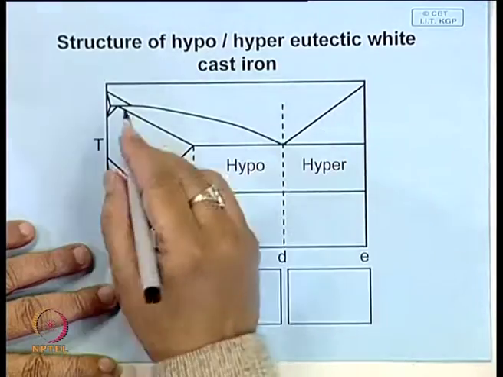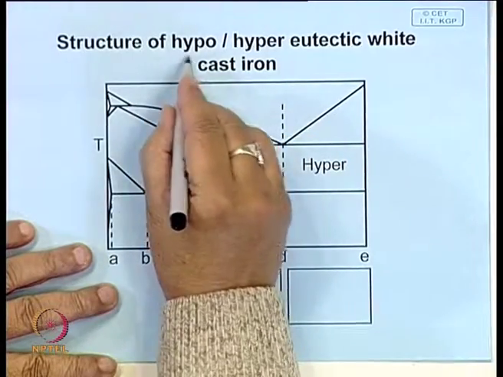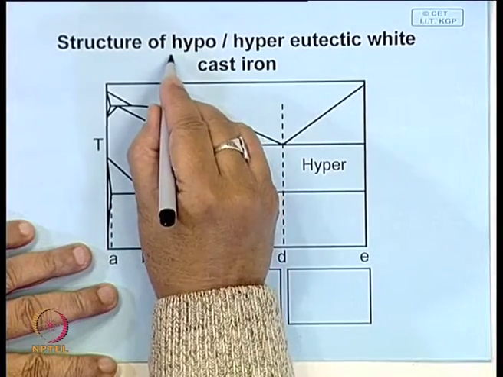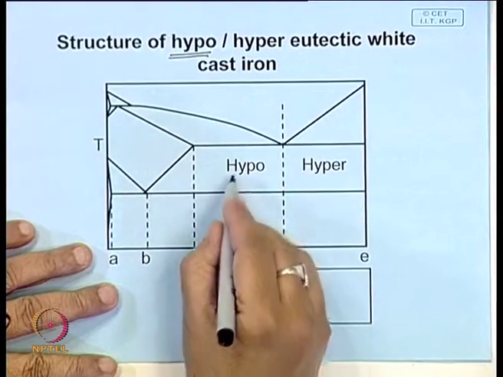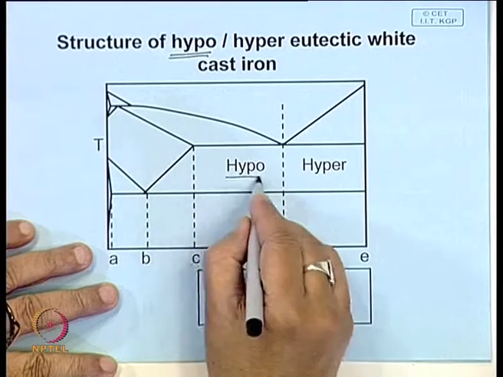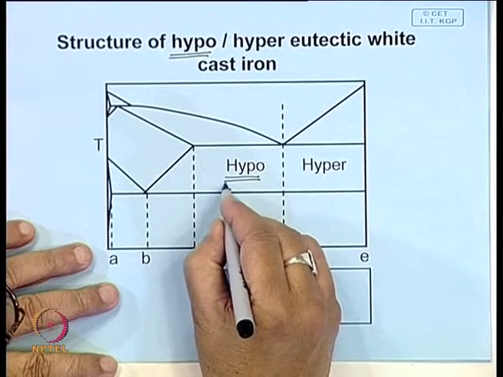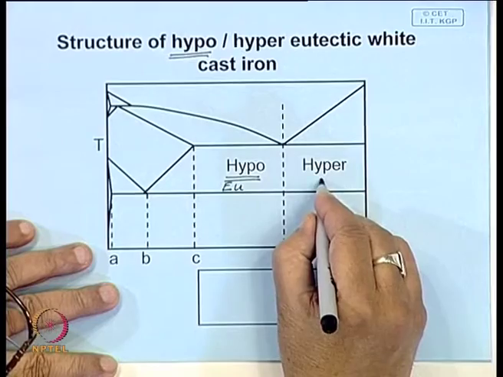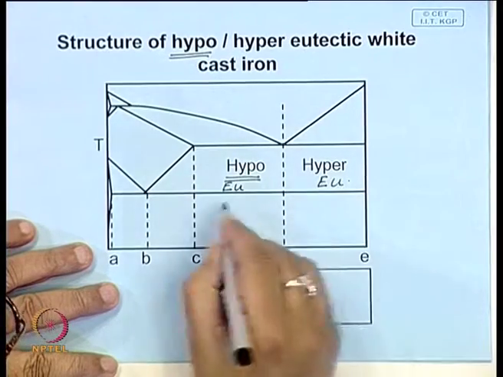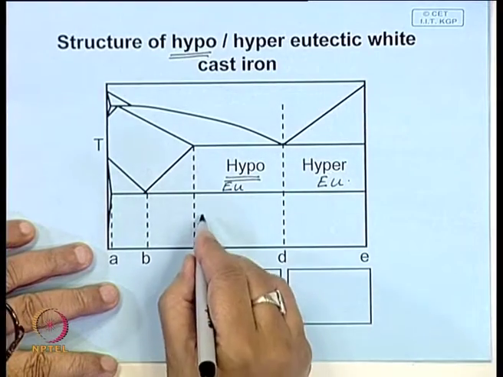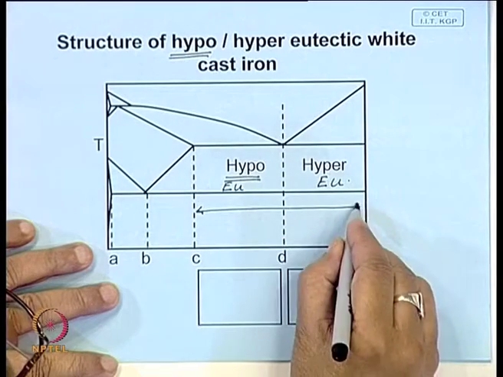Now, in the same terminology we can represent these alloys: these are called hypoeutectic alloys, this side is hypereutectic, and this area, as I said, represents cast iron.